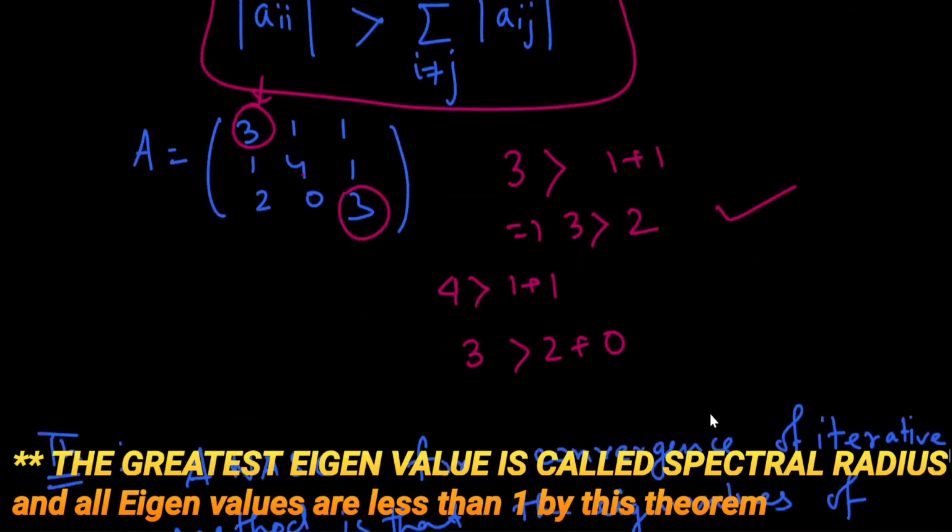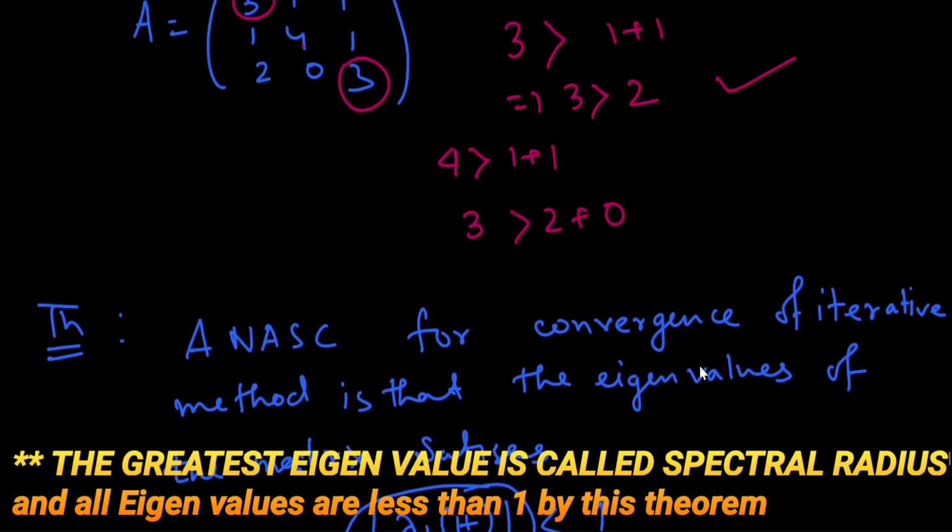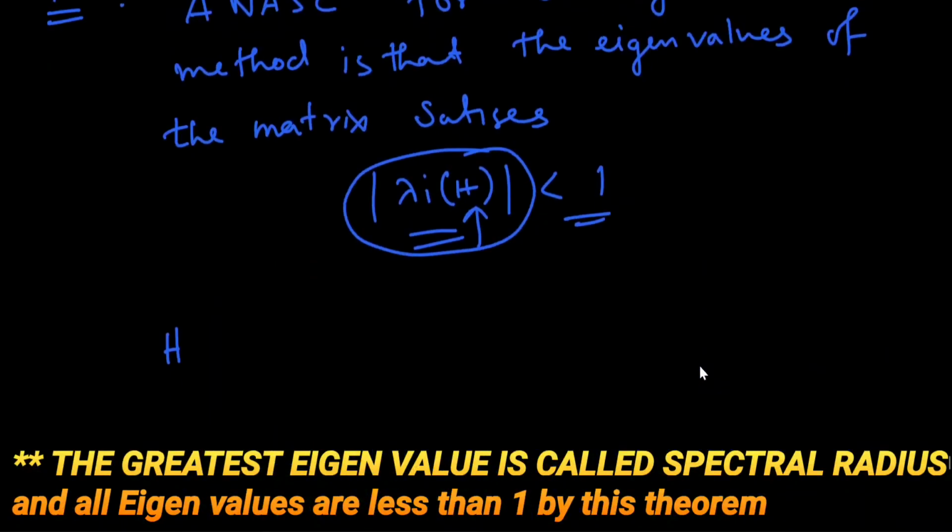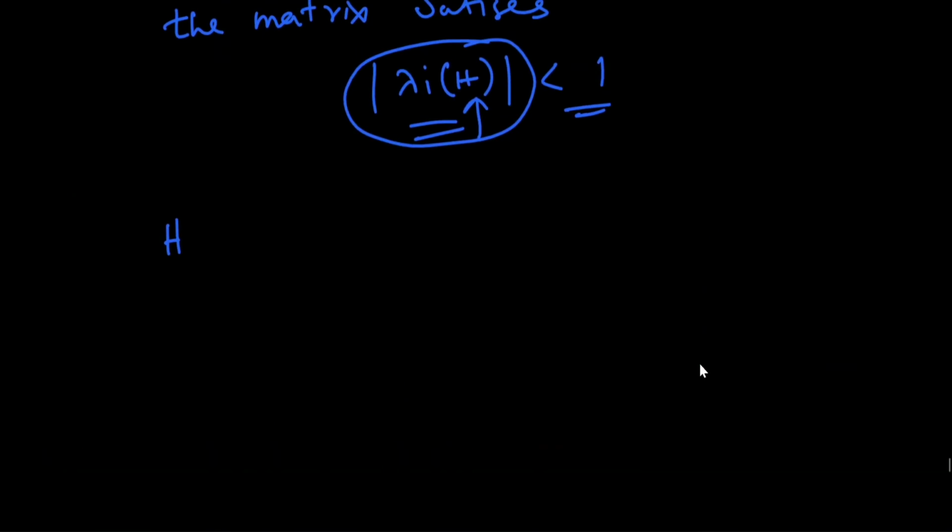Now to calculate this matrix H, we simply write 0 in the diagonal, and we divide the remaining elements by the principal diagonal element.